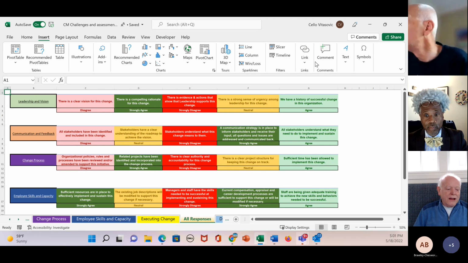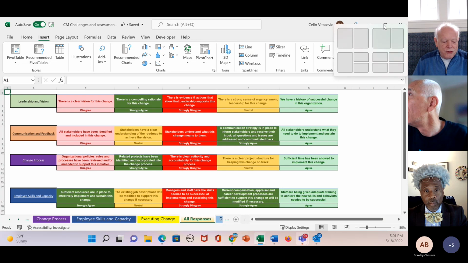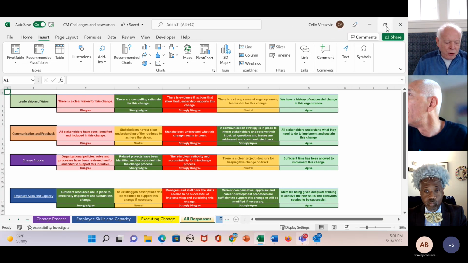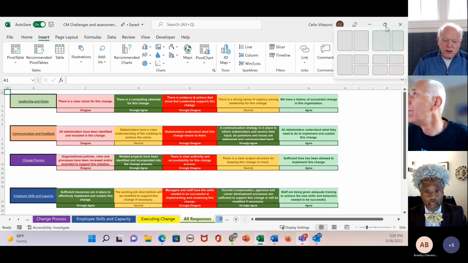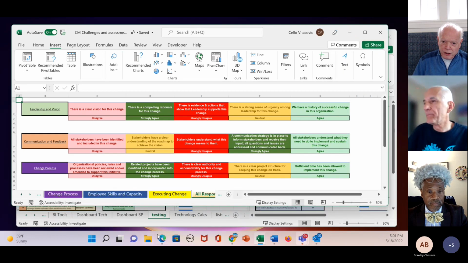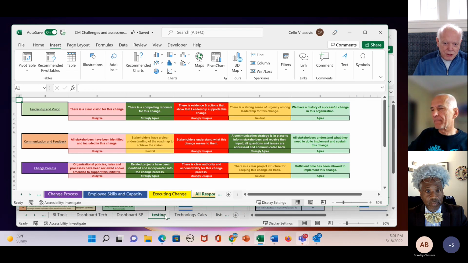Yes, Scott? So Alice, there are a couple of ways. This was also potentially to be done in a workshop where you have individual answers to these.